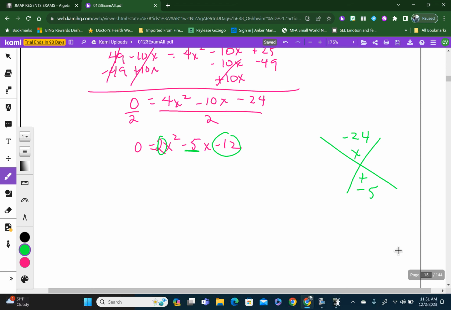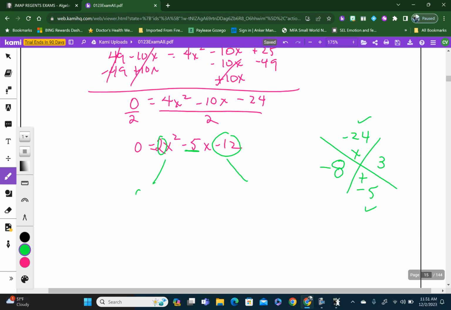No, 8 and 3. Okay, so 8 and 3. So it has to multiply to give me a negative, so one of the signs has to be negative, the bigger one, right? So this has to be negative 8, because negative 8 plus 3 is negative 5. That works. And negative 8 times 3 is negative 24.